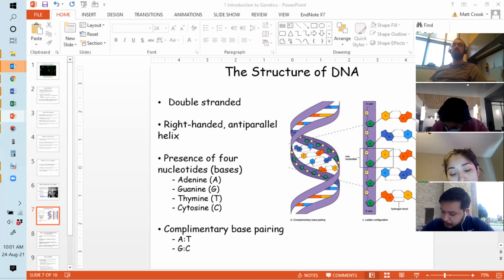So those two things together are what make that AT and GC pairing. Very specific. It's a big part of how DNA replication is so accurate, which is really important because you don't want to have mutations popping up every time your cells divide. It would be a really big deal.